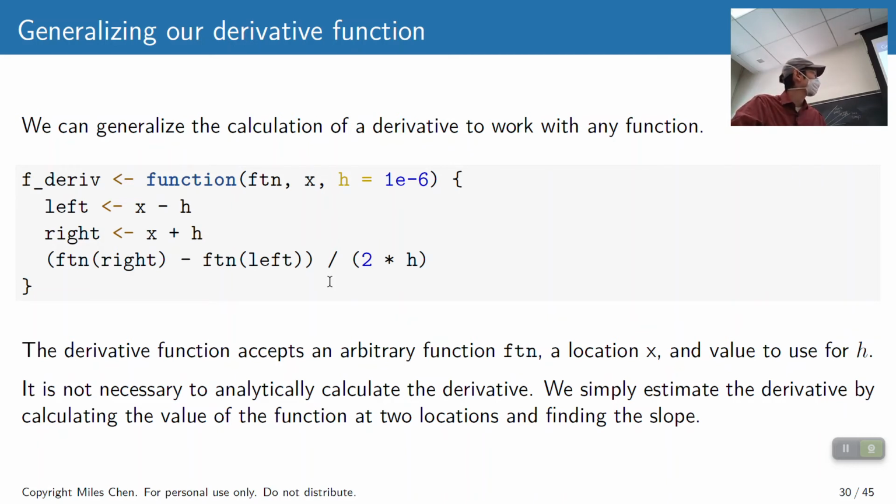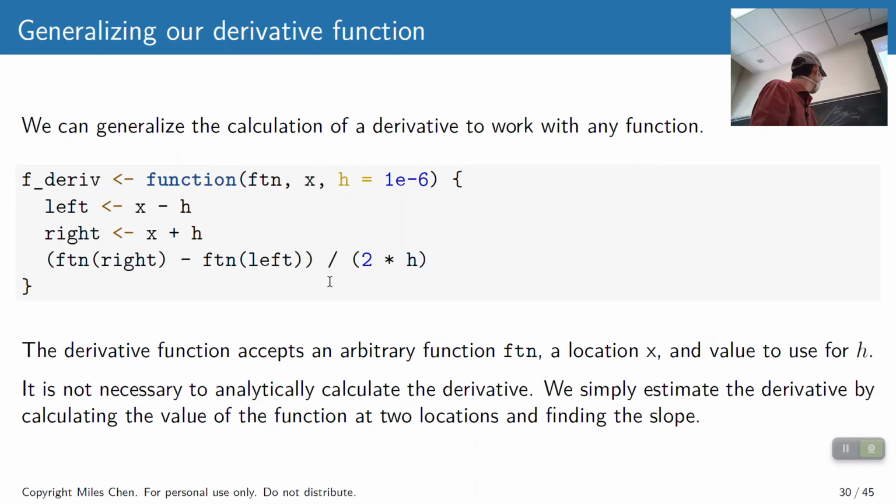All right. And so because of this, we no longer have to analytically calculate the derivative. We can just estimate it by calculating the value of the function at these two locations, taking the difference between them, and dividing by 2h. That gives us a balanced derivative, taking the right-hand side and the left-hand side.